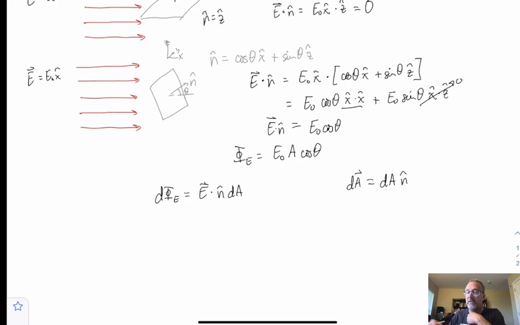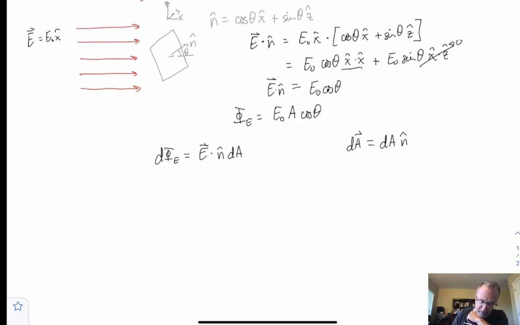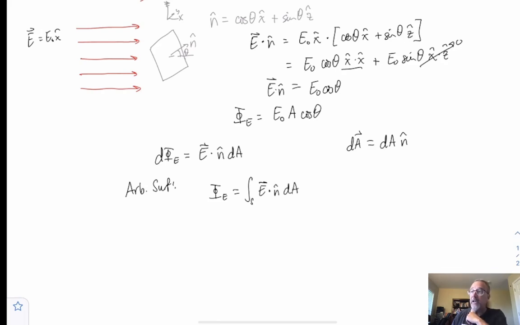So if I have an arbitrary surface, then the electric flux is equal to the integral over the surface of E dot n hat dA. We'll do several examples like this when we do examples for the homework. That would be the flux through an arbitrary surface.